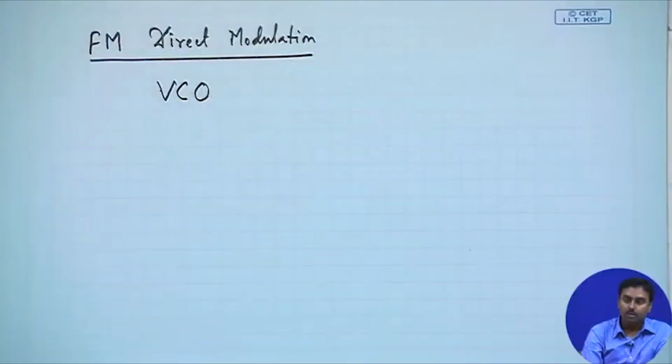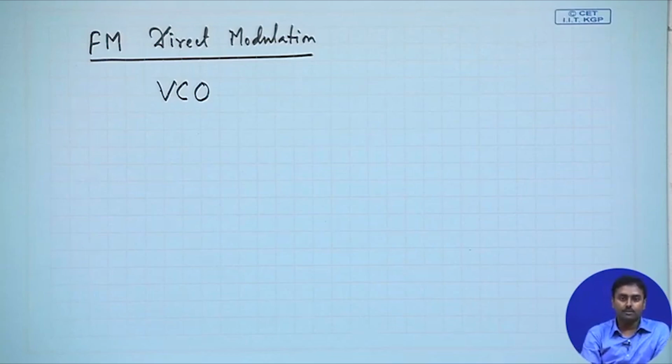So, FM direct modulation has actually been done. There is only one device which can do that, that is called VCO or voltage controlled oscillator. So, this is the single device which can actually do FM modulation directly. Okay. So, we will just explore what this VCO is.